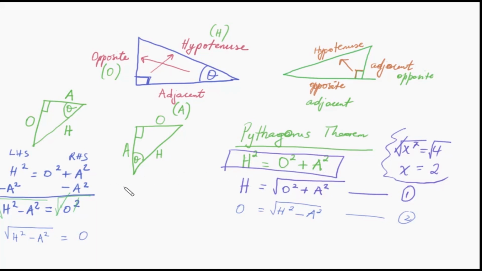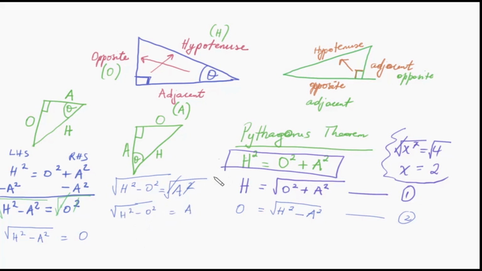That means on this side you are going to have h squared minus O squared equals A squared. Next, we remove the square by square rooting. The square root cancels the square. We square root this side to balance. So we are going to identify this A as the square root of h squared minus O squared. That would be our adjacent.